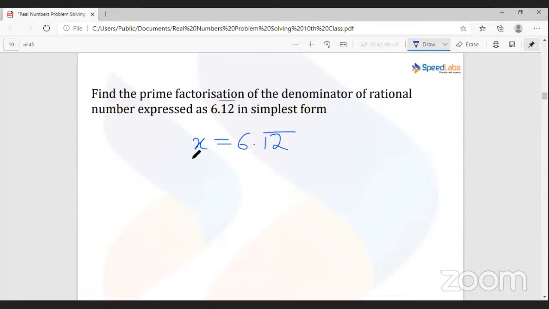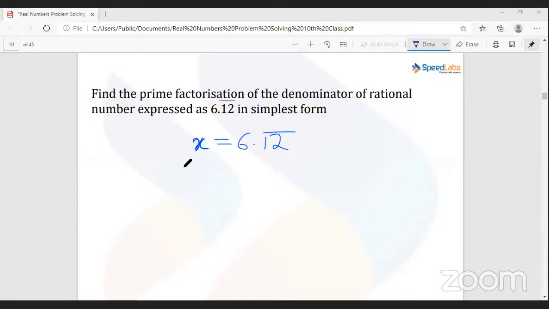Assume means I let x is equal to 6.12 bar. Ma'am, is my answer correct? Yes, it is 3 into 11. It is correct. Okay. Thank you.